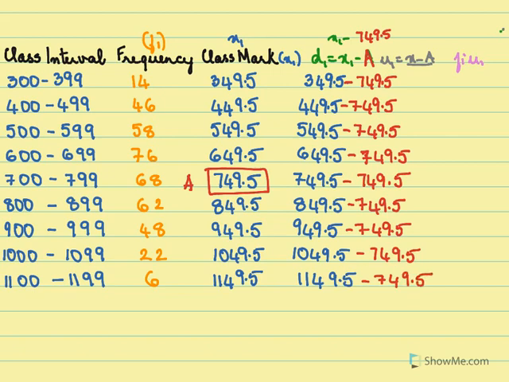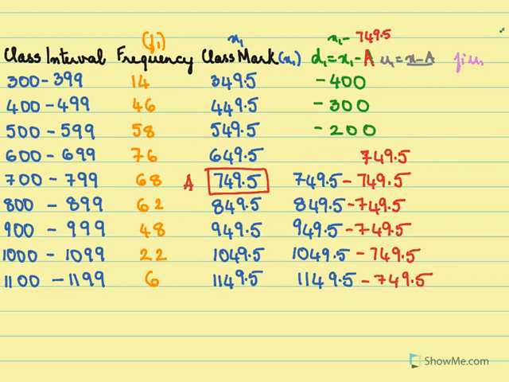In the first case on subtraction, we get minus 400. Then on the next subtraction, minus 300. The next subtraction, minus 200. 649.5 minus 749.5 will be minus 100.